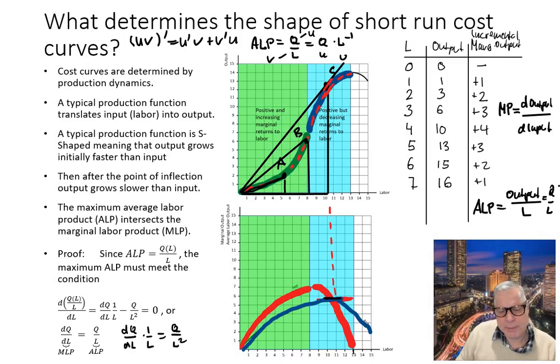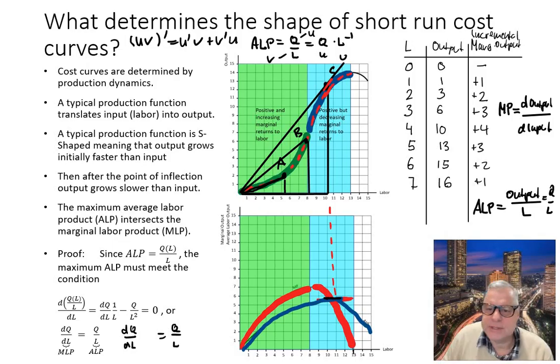Now I just multiply both sides by L. Then this L cancels out here, and the L still here cancels out with one of the L squares, and then we get dq over dl, the marginal product of labor.